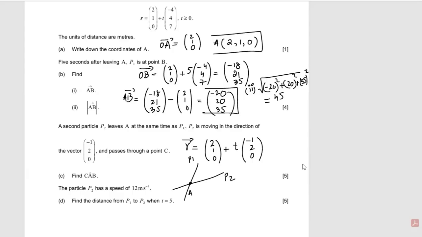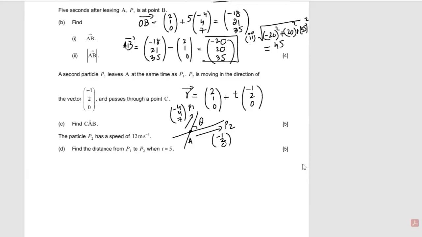So in order to find CAB, we can use the path vectors or the directional vectors. The directional vector for the first one is (-4, 4, 7), and the directional vector for particle 2 is (-1, 2, 0). So in order to get this, I can just use the scalar product, the dot product, right?